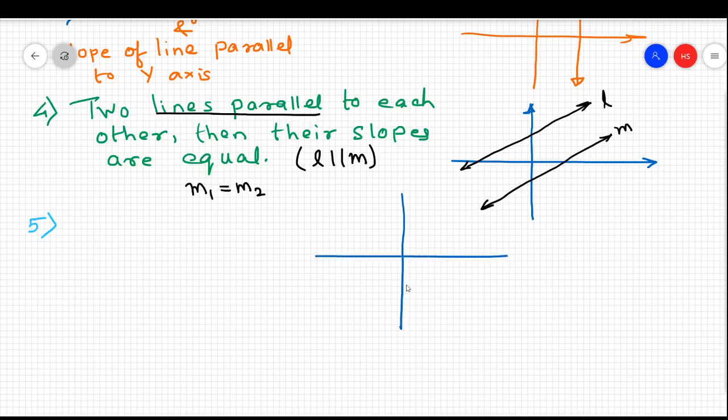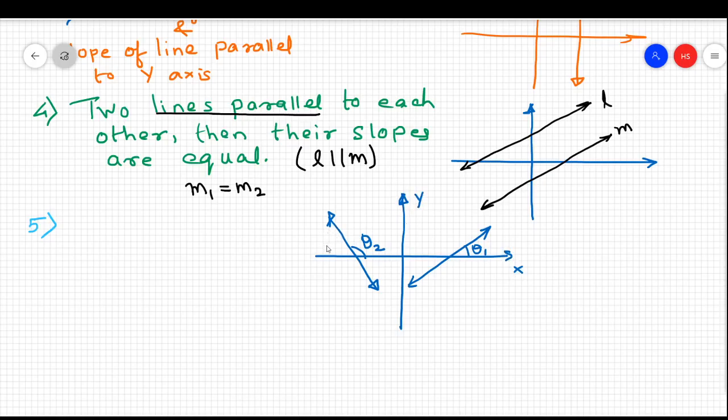I have one line which is like this, and it makes some angle here, and I have another which goes like this. It again makes an angle. So this is say theta 1, and suppose this angle is theta 2. Now pay attention. Of course this is the x-axis and this is the y-axis. This we assumed.